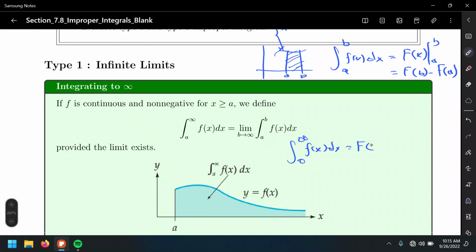Technically we should get an antiderivative, denoted big F, and evaluate it from 0 to infinity. There's something wrong over here. Even though that's technically the fundamental theorem of calculus, the issue is that we cannot do operations with infinity.